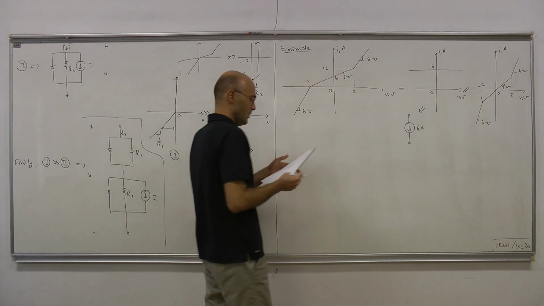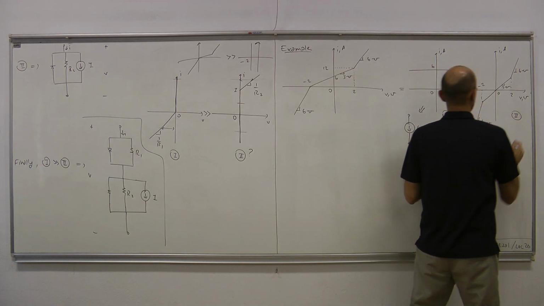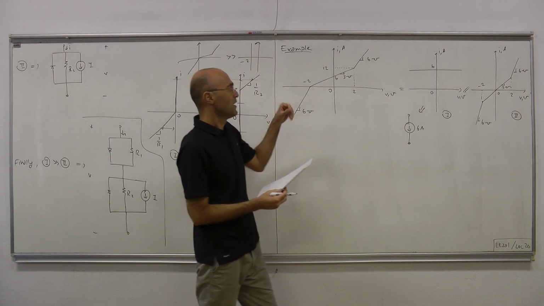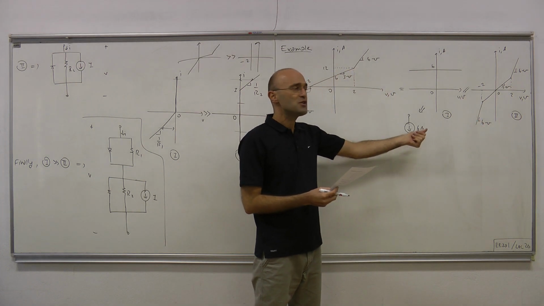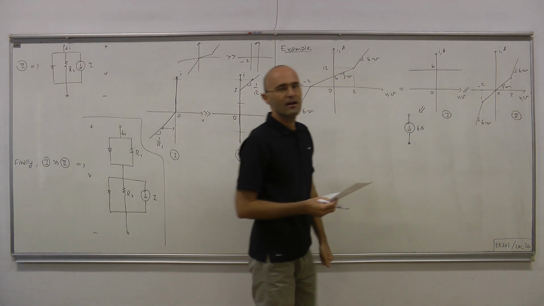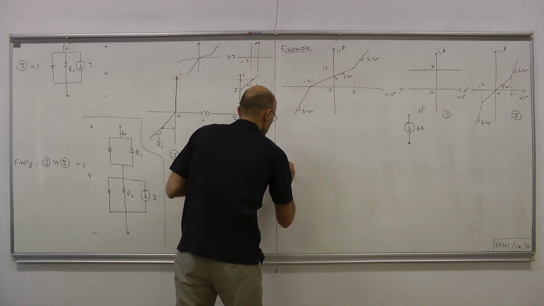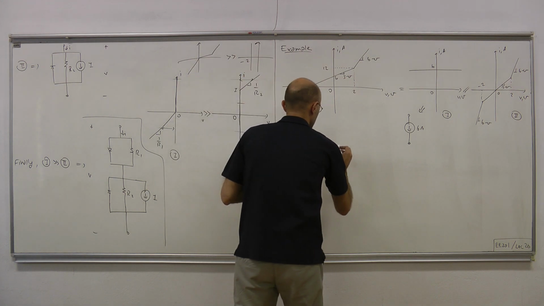Okay, so let's call this 1. Let's call this 2. And the original curve equals 1 connected in parallel with 2. We know what 1 is, so we have to now figure out a possible one port that will generate 2. Now 2 can be written as the following summation.